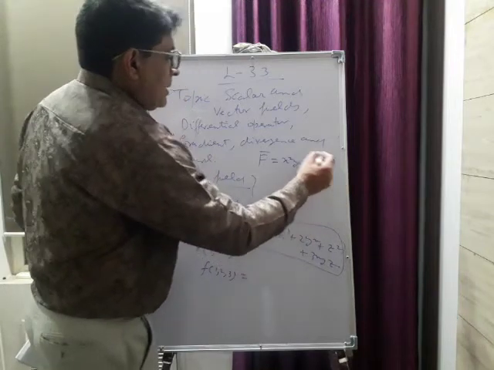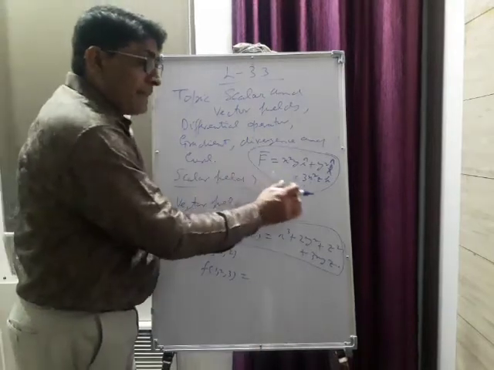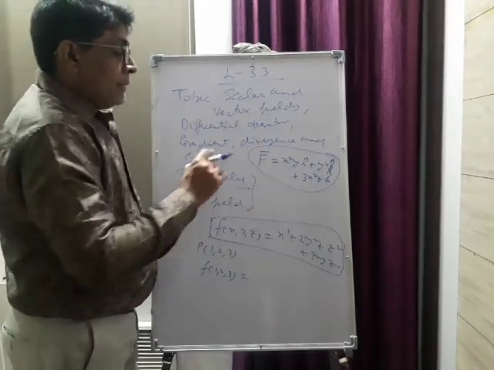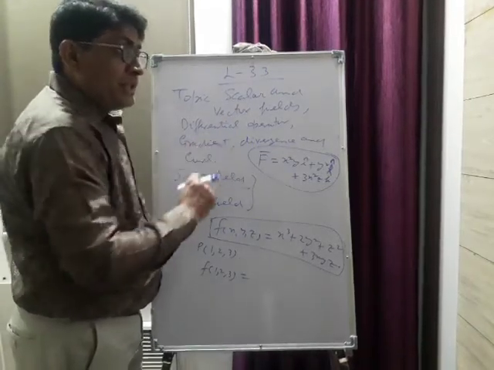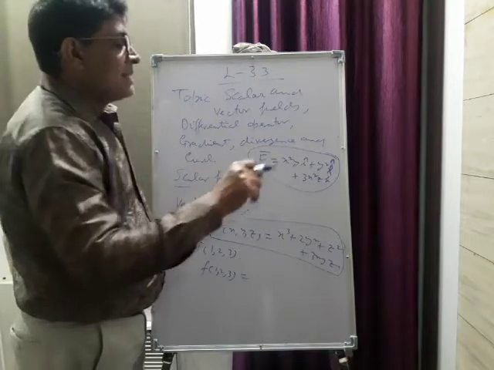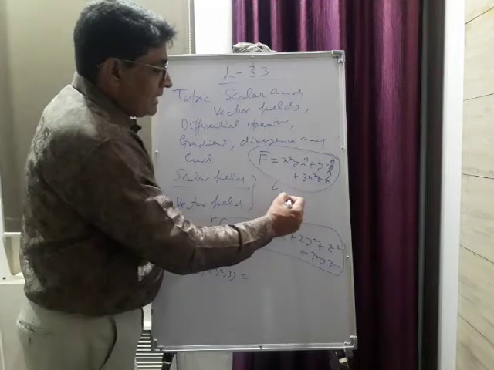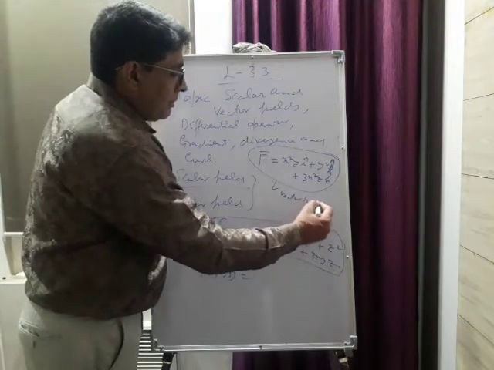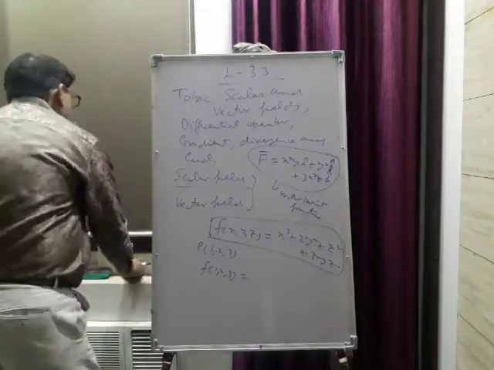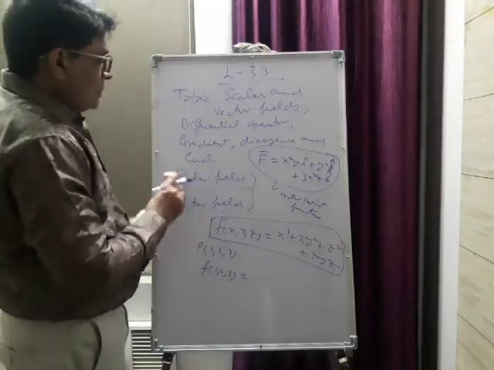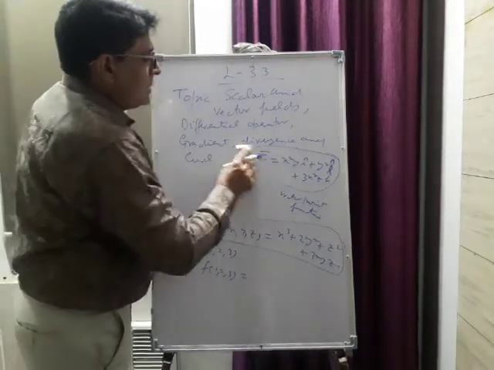So this function is known as the vector point function, which gives the value at this point with magnitude as well as direction.